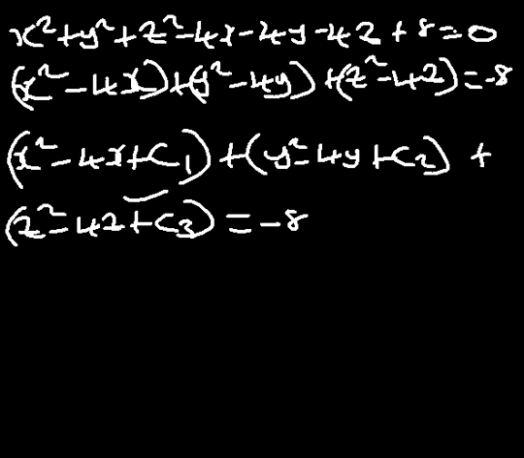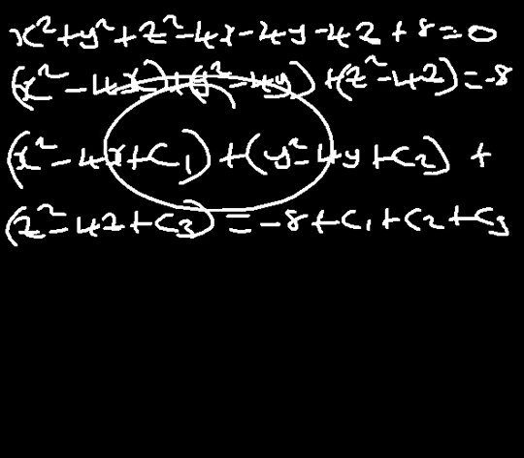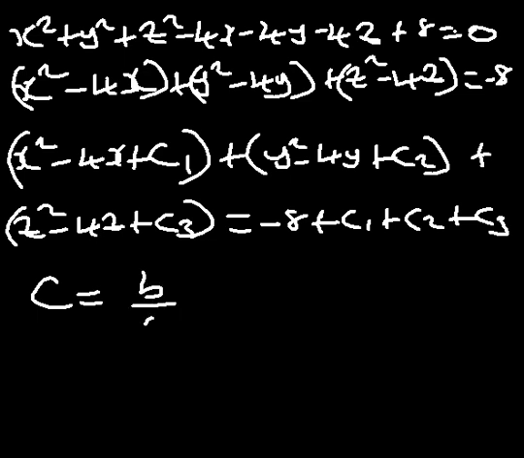Now these values of c should also be introduced to the other side, so we'll have negative 8 plus c1 plus c2 plus c3. It is the same way we discussed when we were discussing the equation of a circle. So how should we have the value of the c's? We use the formula which says that a constant c is given as b over 2, to the power 2.